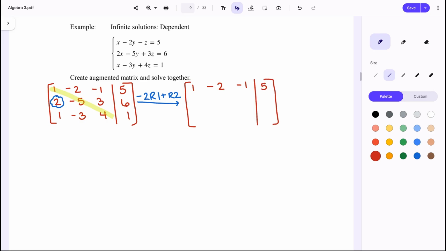What would my new second row say? 0. Mm-hmm. Yep. Good. Okay, and then my bottom row stays the way it is.